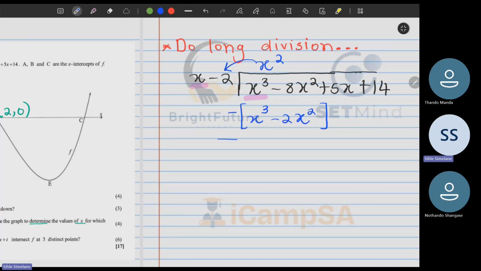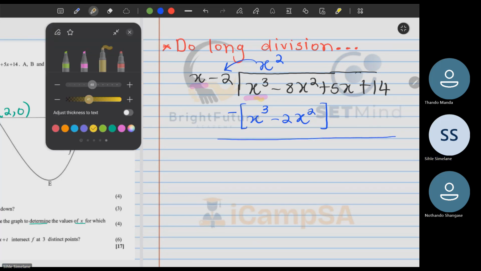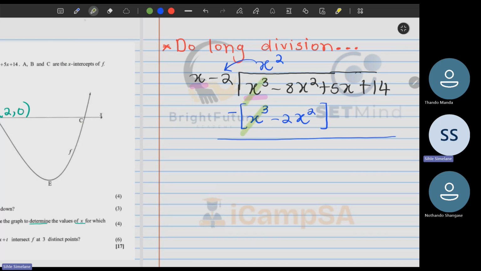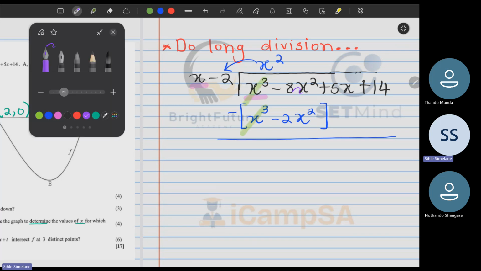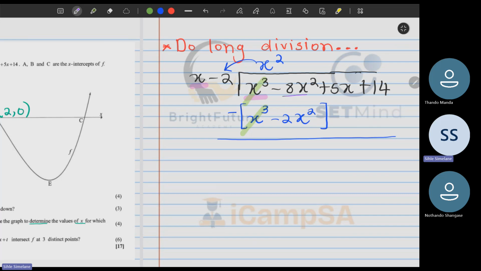Now if you do the subtraction, the top minus the bottom, you'll see the x cubes will cancel. What you are going to have is minus 8x squared. The negative makes the 2 positive, making it minus 6, so we have minus 6x squared. The other terms have no terms to cancel with, so they come down as they are: 5x plus 14.